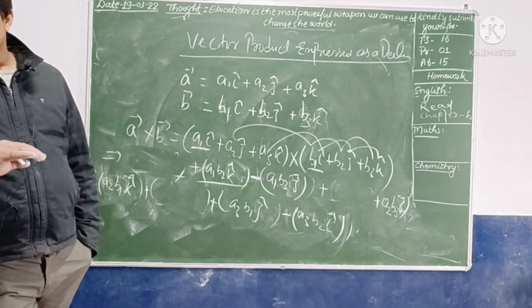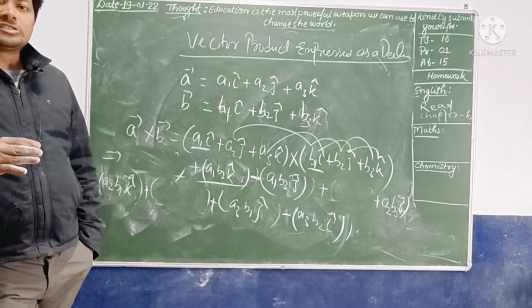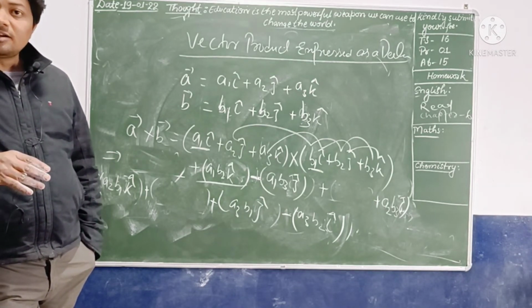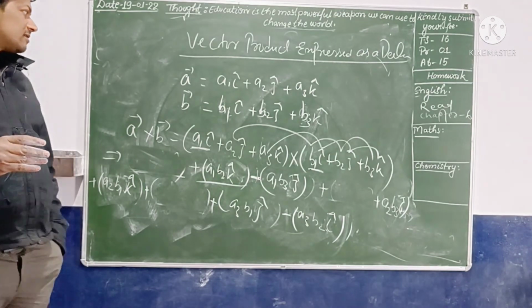That's it. Now what will we do? I cap one side, J cap one side and K cap one side.